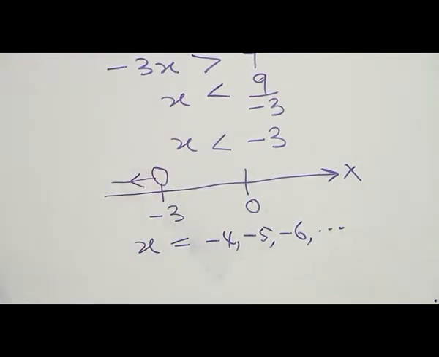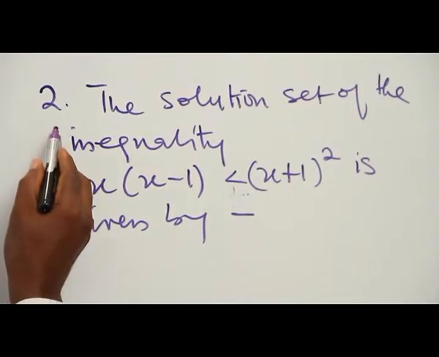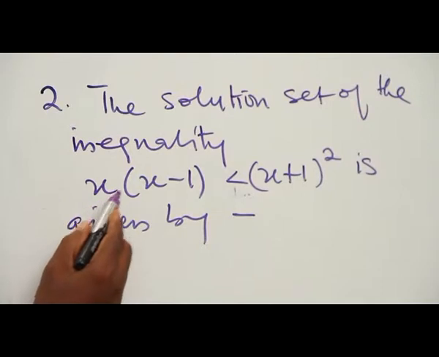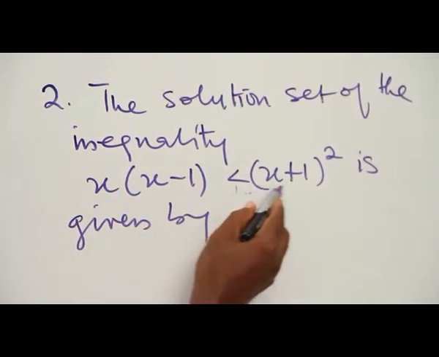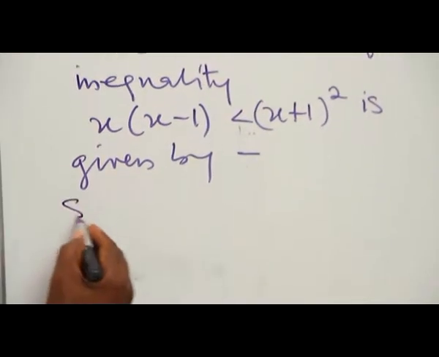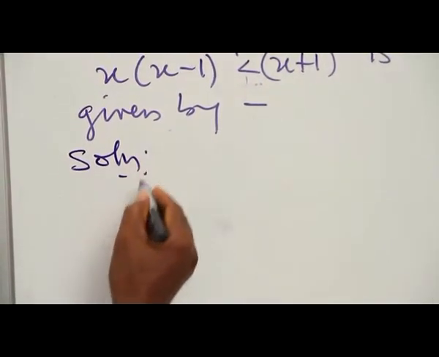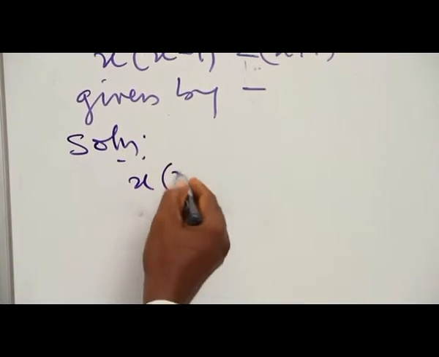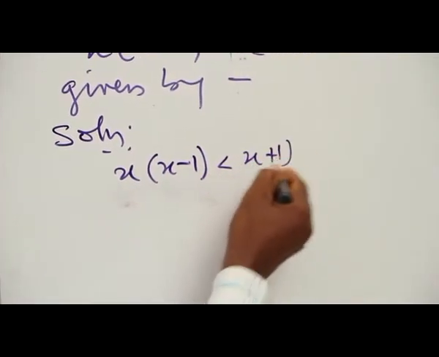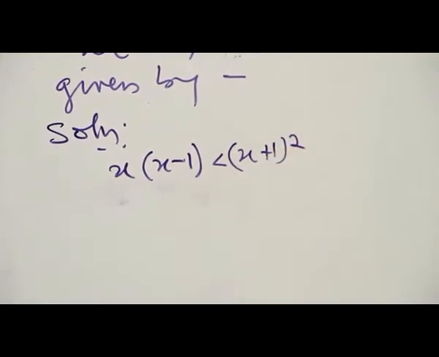Take note of that. Example 2. The solution set of the inequality s into s minus 1 less than s plus 1 all squared is given by that. Solution. Now you have s into s minus 1 less than s plus 1 all squared.